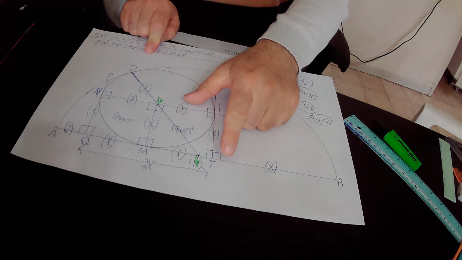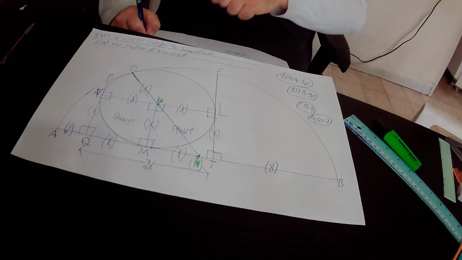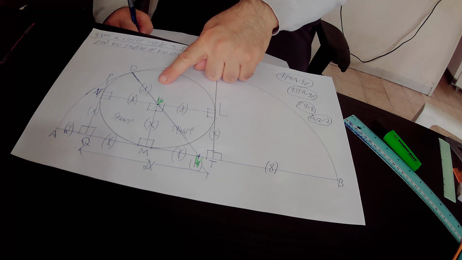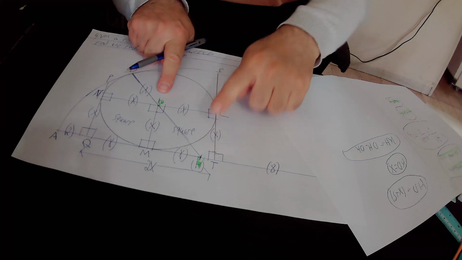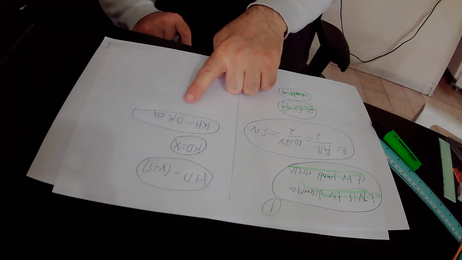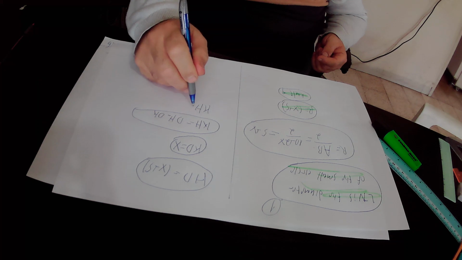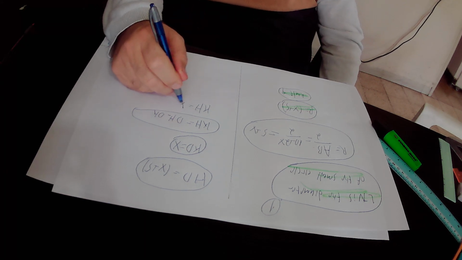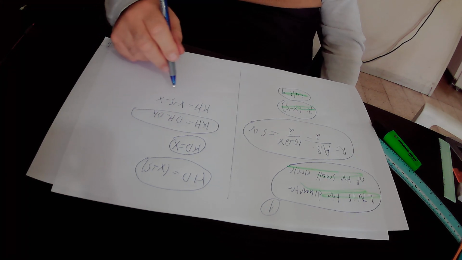DH, the radius of the big semicircle, equals x plus 5, minus DK, the radius of the small circle, which equals x. So the missing side KH equals x plus 5 minus x.